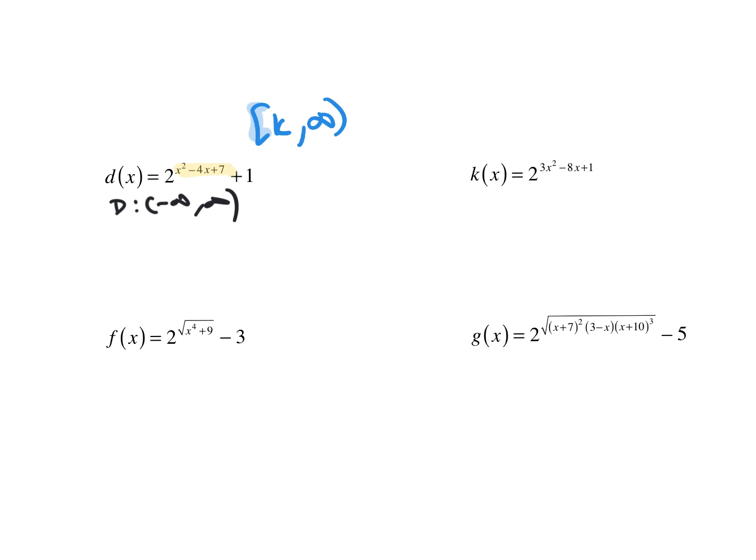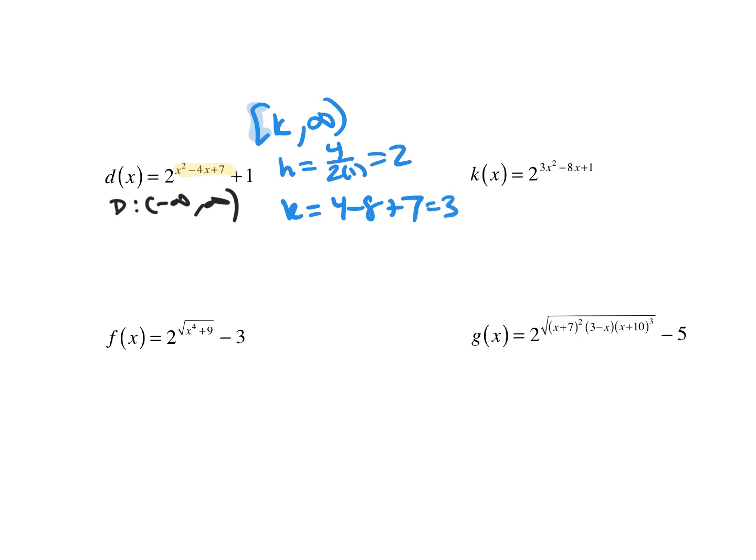Either way. Here maybe I'll do different than what I did on the answer key to find the x-coordinate of the vertex. Again, negative b over 2a. So the x-coordinate of the vertex is 2. And then the y-coordinate, I plug it back in, and I get 11 minus 8, which is 3.